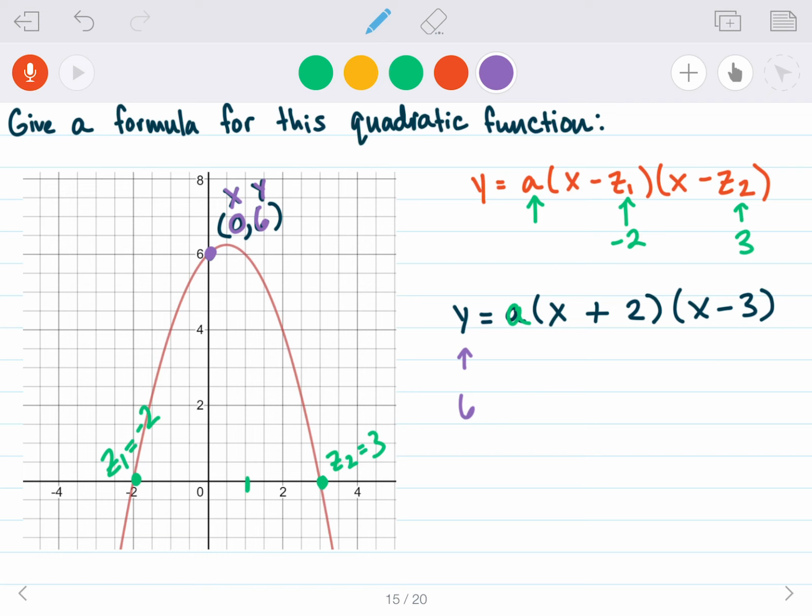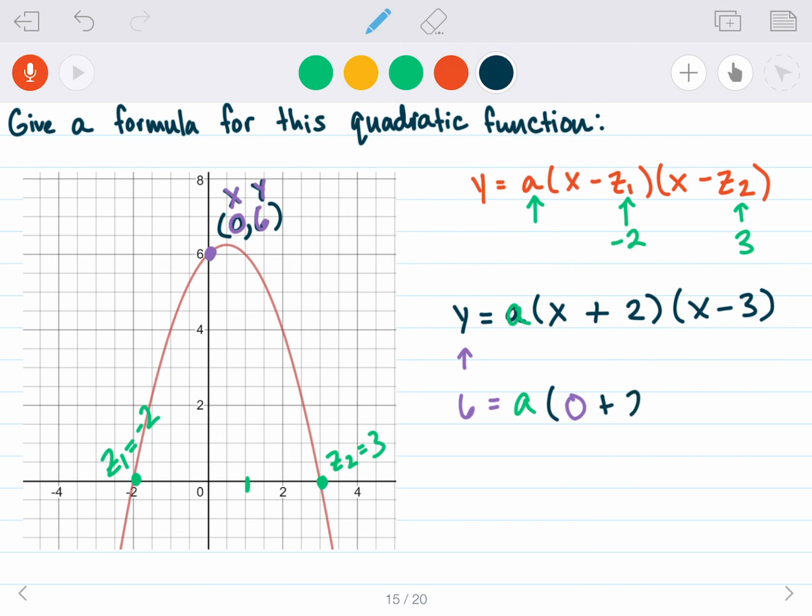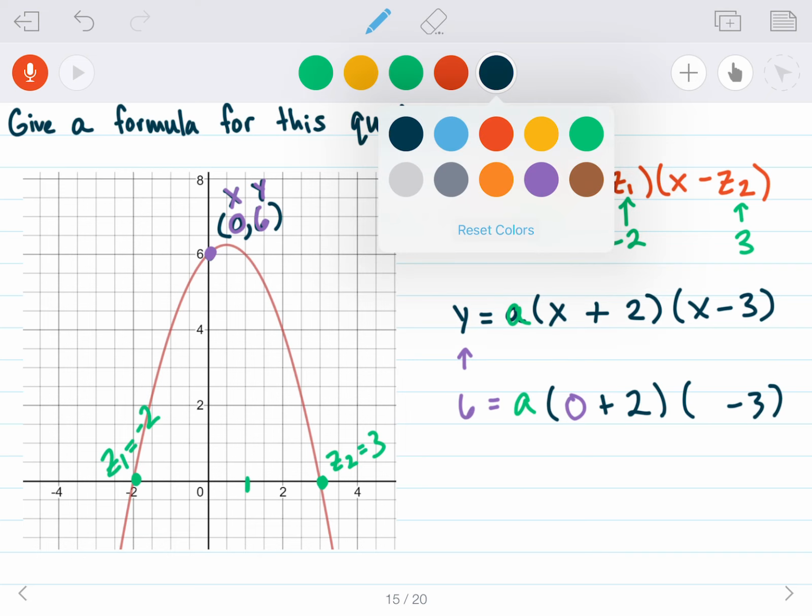So the x that corresponds with y being 6 is x equals 0. So wherever I see an x, I'm going to plug in a 0. Wherever I see an x, I'm going to plug in a 0. So we have 0 plus 2, and then we have 0 minus 3.